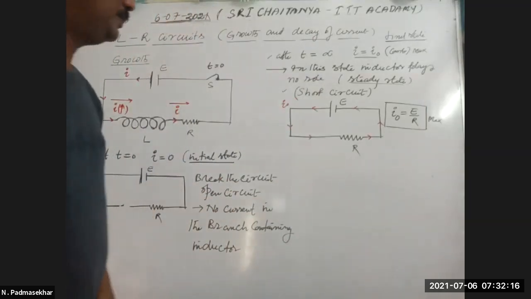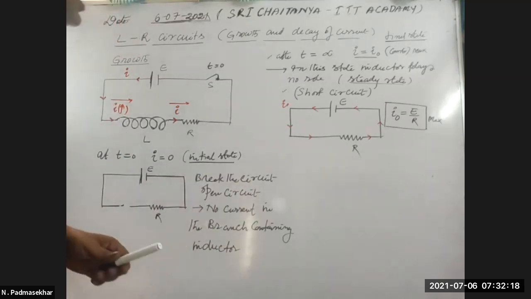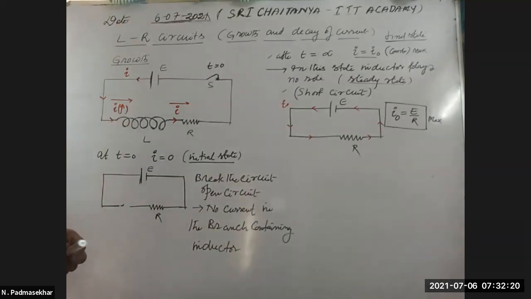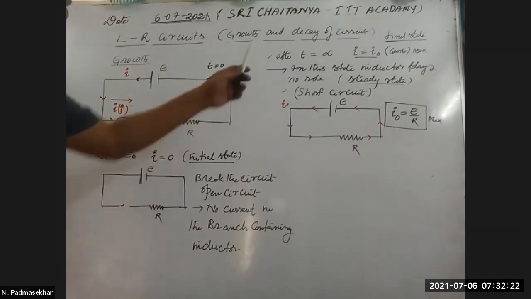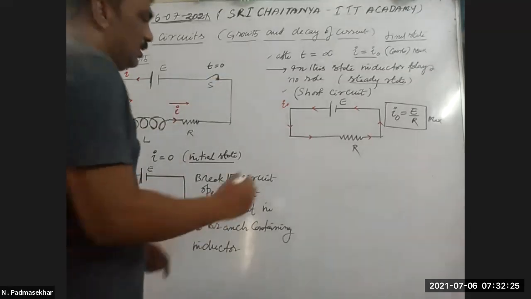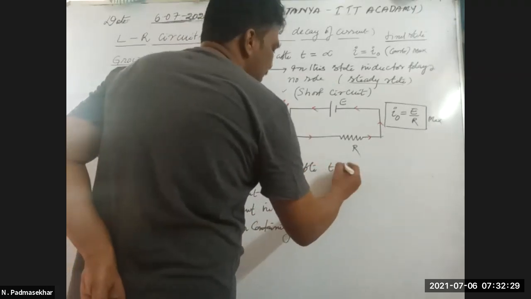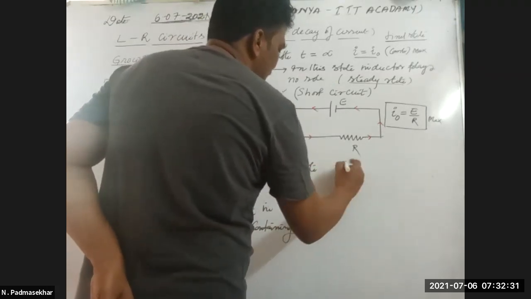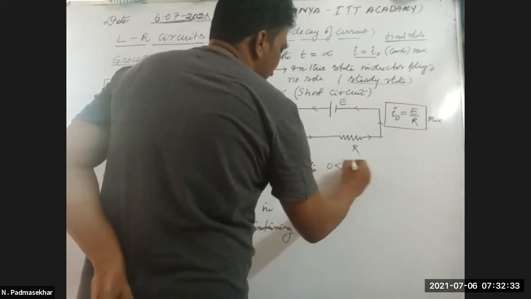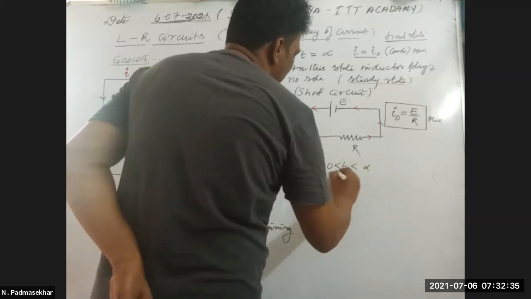Now I want to find out the current through this growth of current between the initial state and the final state, where t is greater than 0 and less than infinite.